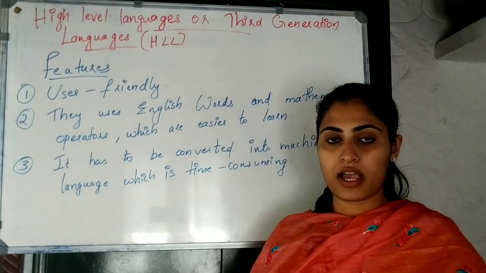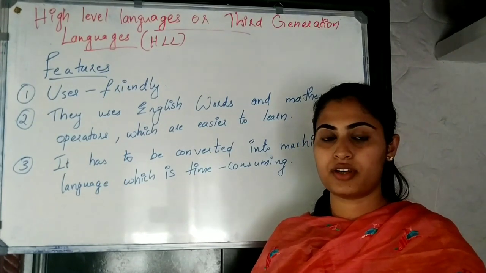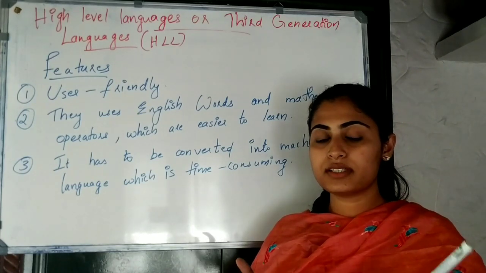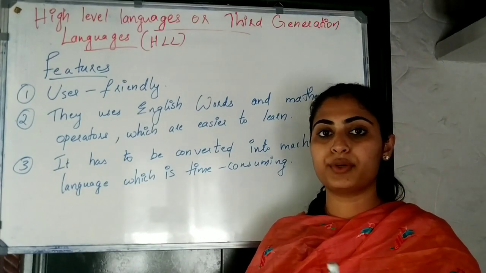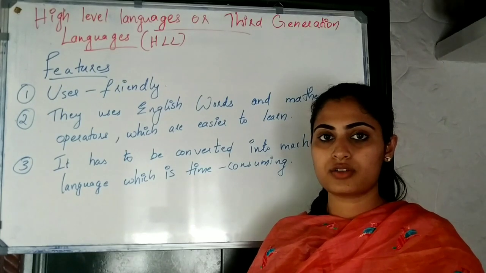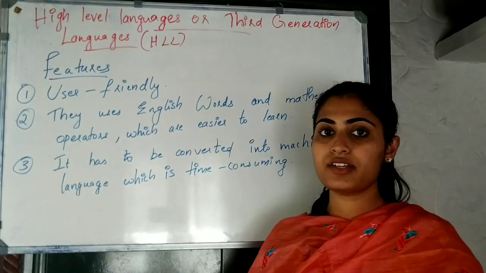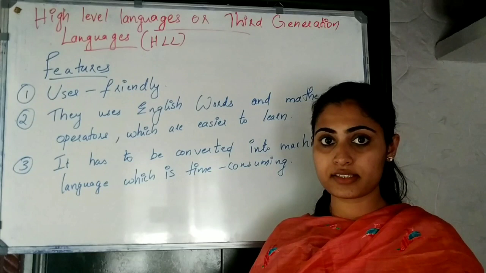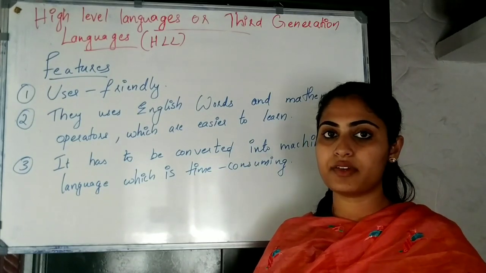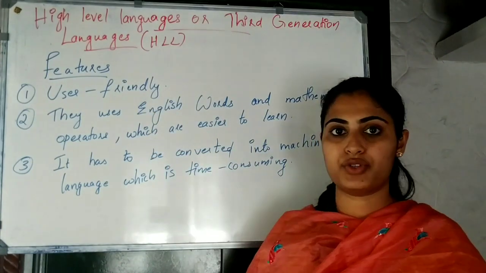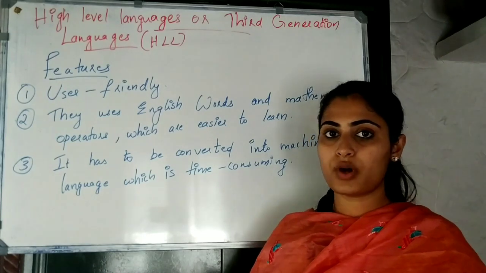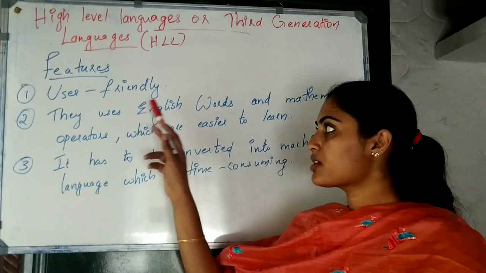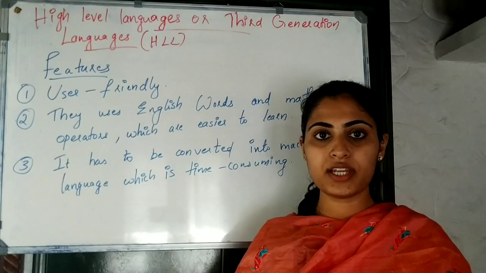That was a disadvantage, and this disadvantage led to the development of another set of computer languages, that is high level languages. That is why high level languages are user friendly, because they are not machine dependent.